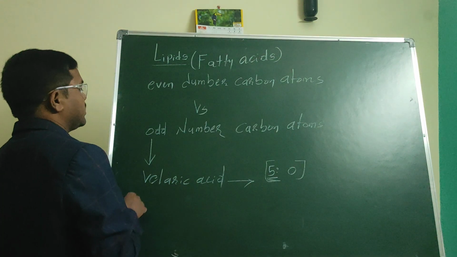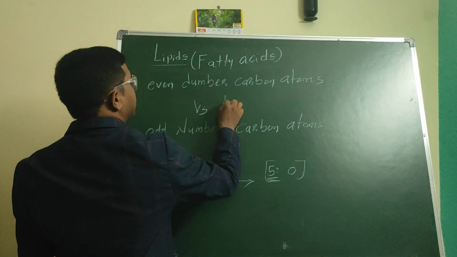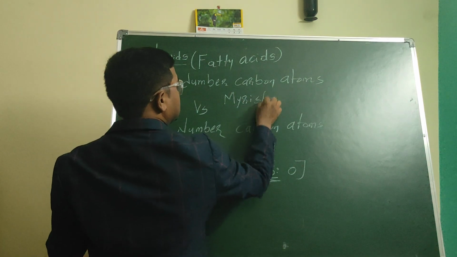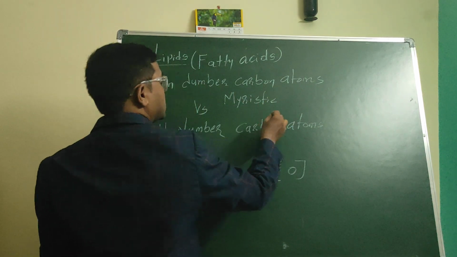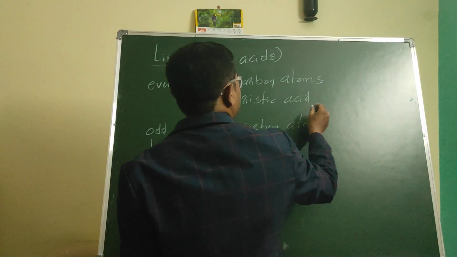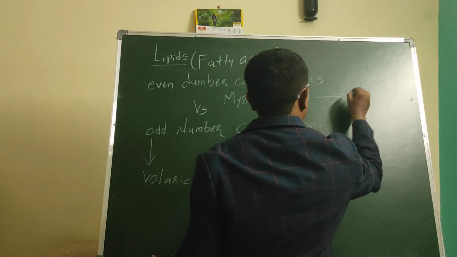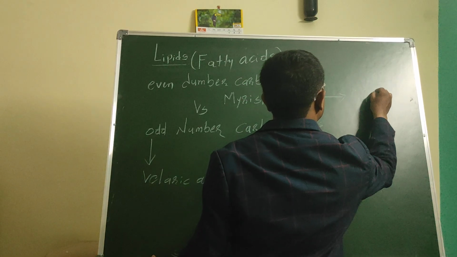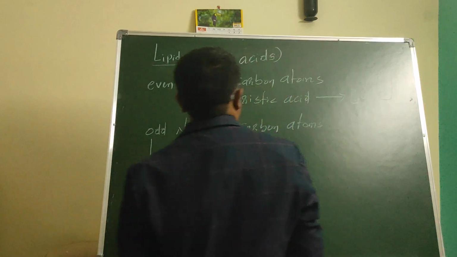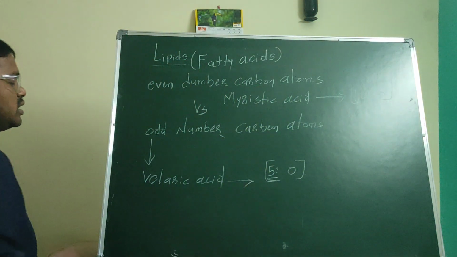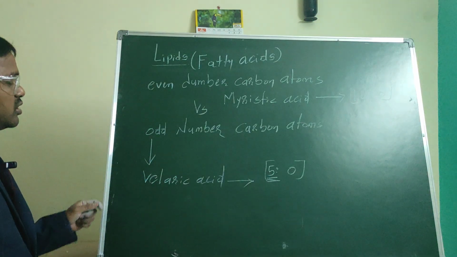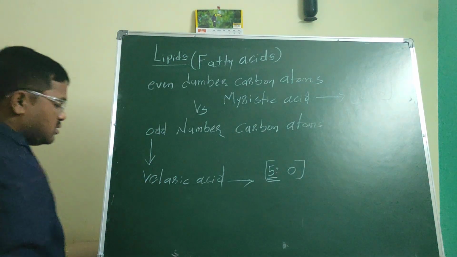Next, even number of carbon atoms: myristic acid. Myristic acid is 14:0, 14 carbon atoms and 0 double bonds, as it is a saturated fatty acid.